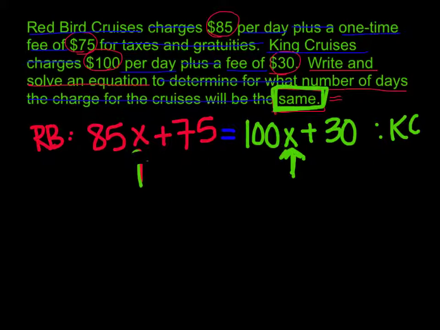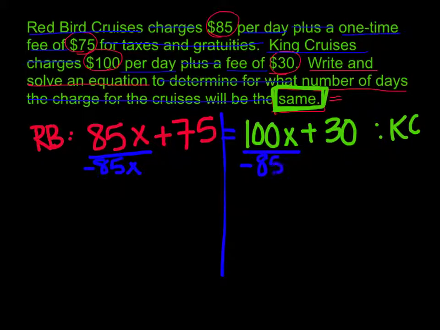So let's get rid of these arrows and let's solve this equation. Let's try to figure out the number of days we need. Looking at this, I have 85x on one side and 100x on the other. I see that 100x is bigger than 85x, so I'm going to subtract 85x from the left side and from the right side as well.